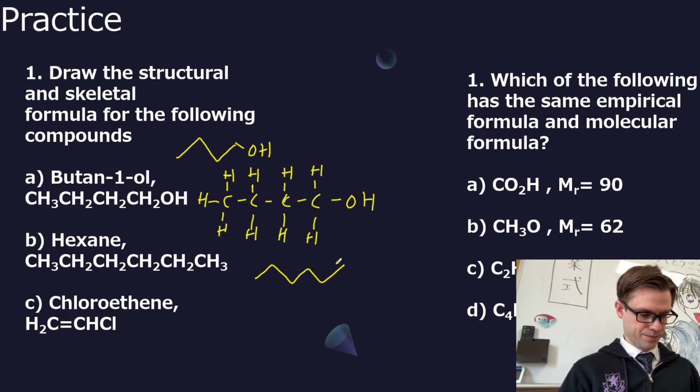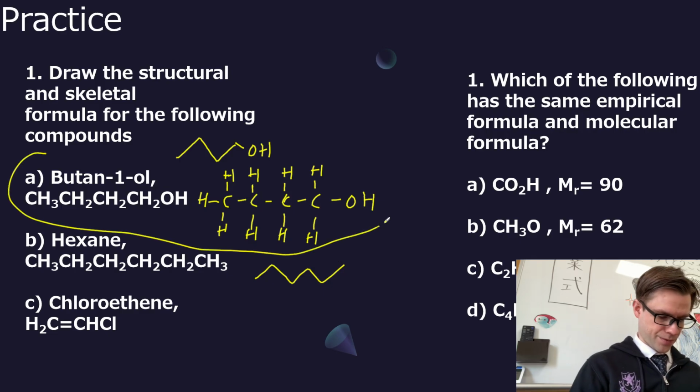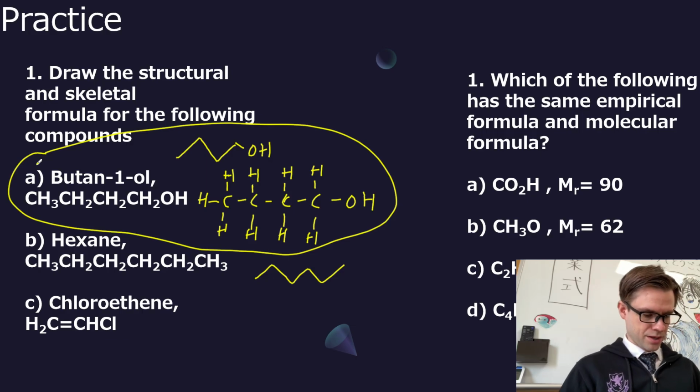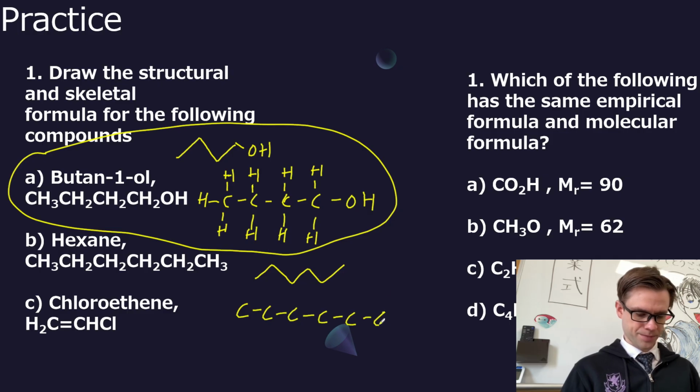Then the full structural formula for this. We'll just draw 6 carbons in a row. 1, 2, 3, 4, 5, 6. 3 hydrogens on the ends of this chain, the carbons.